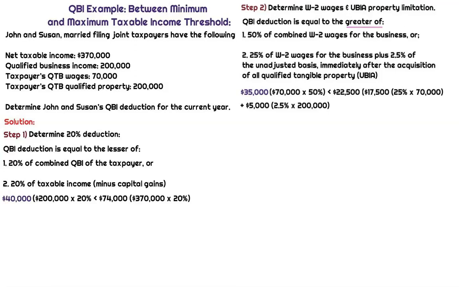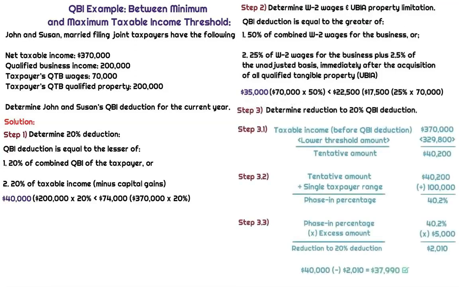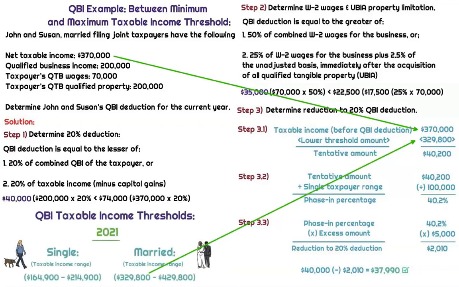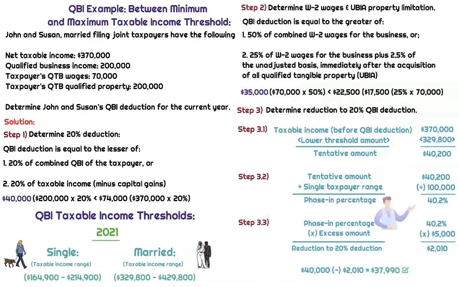So now we can enter step 3, and we're going to have many steps within this. Step 3.1 is taking the taxpayer's taxable income before QBI, which in this case is $370,000. We reduce this by the minimum threshold for married filers, and that gives us this amount that we then divide by the range for married filers, which is 100,000. This percentage is now going to be multiplied by the difference between step 1 and step 2, which is the difference between 40,000 and 35,000.